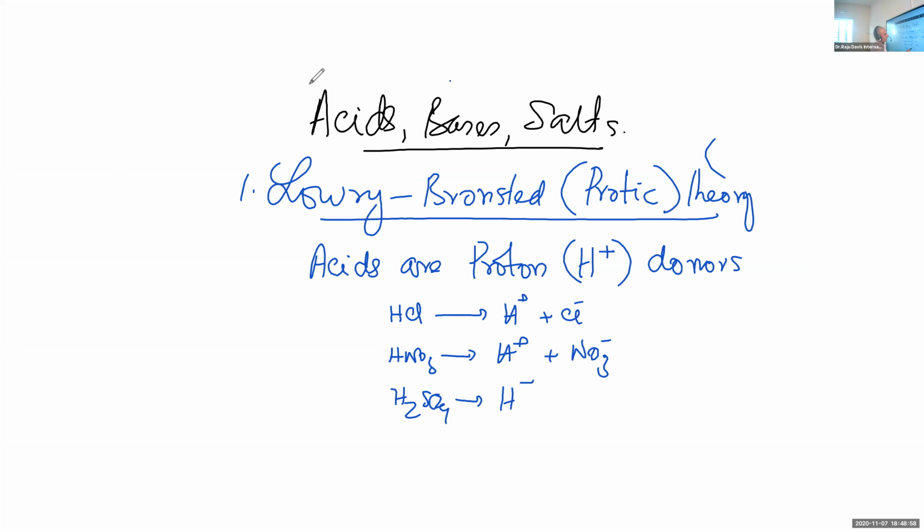The first step gives H plus and HSO4 minus. So in aqueous solution, there will be the formation of a proton, hydrogen ion, H plus ion. So all these are acids. HCl, HNO3, H2SO4, etc. are acids.